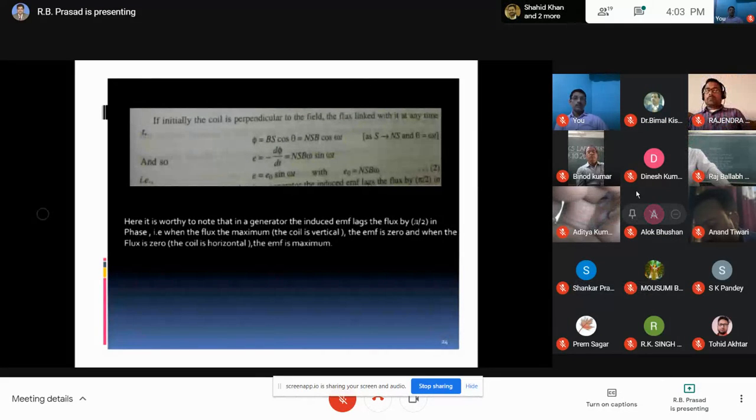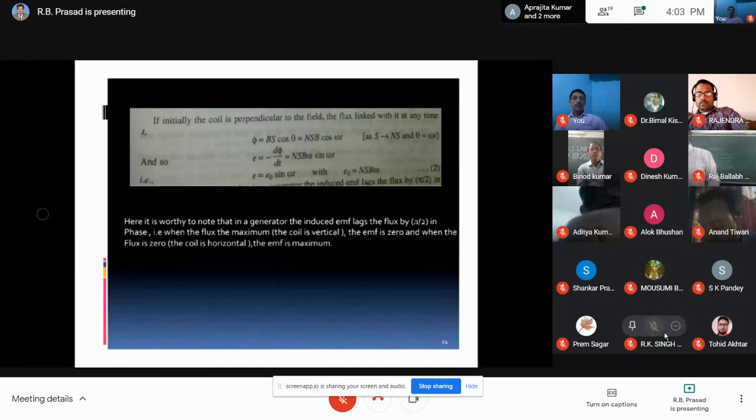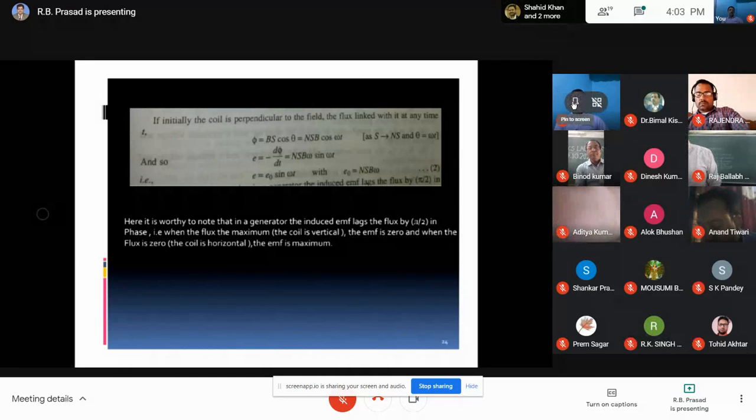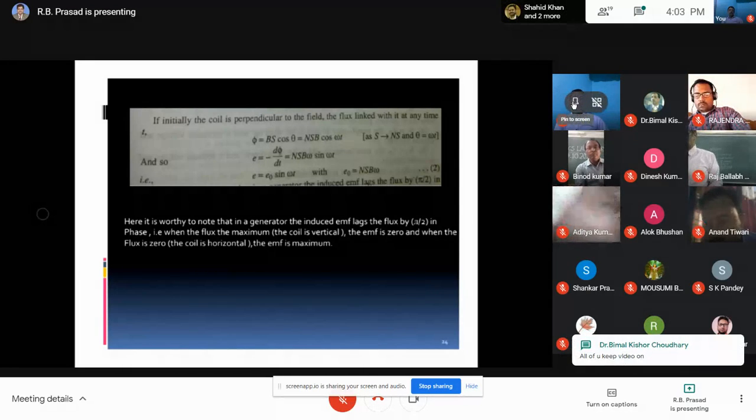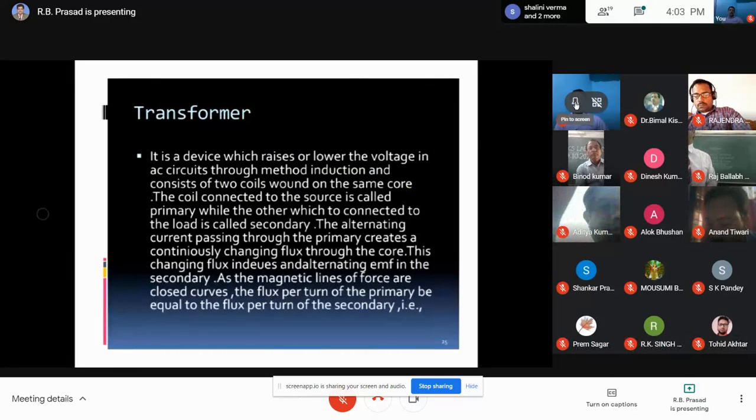When the flux is 0, that means the coil is horizontal, parallel to the magnetic field. At that time, the EMF is maximum. So this is all about the electric generator or dynamo.